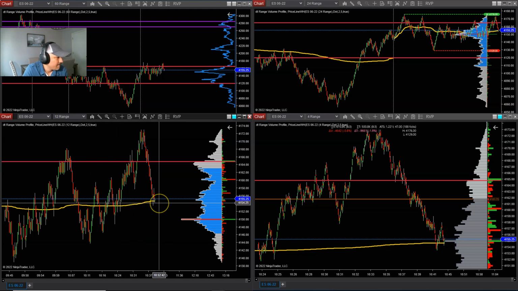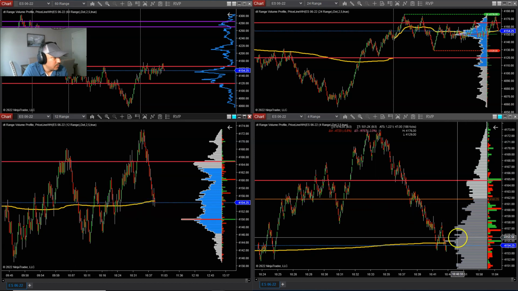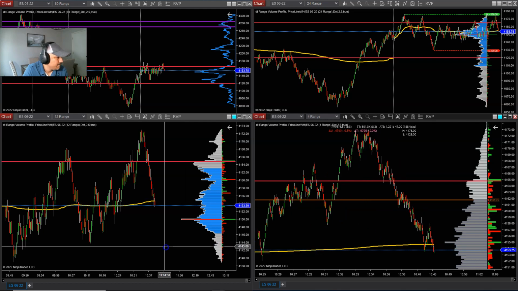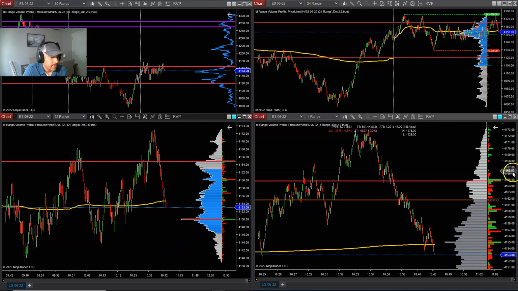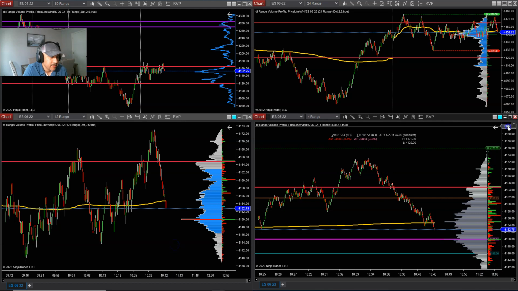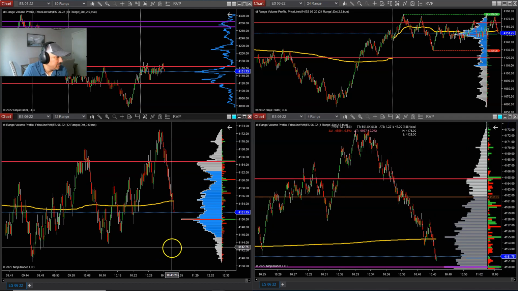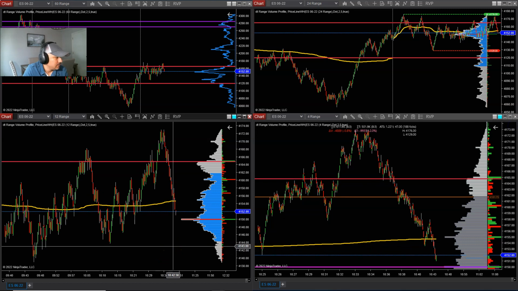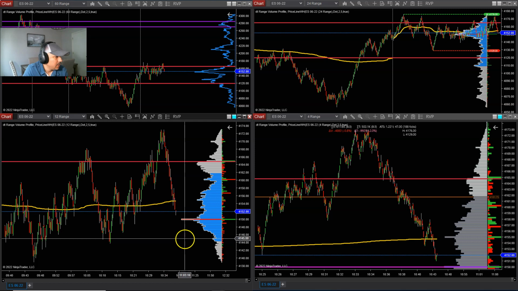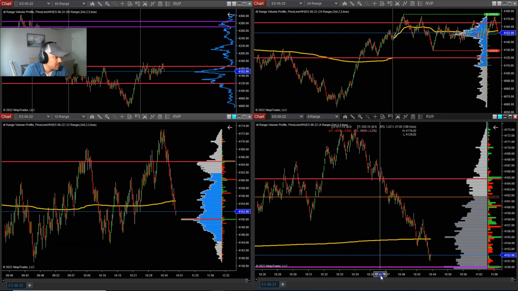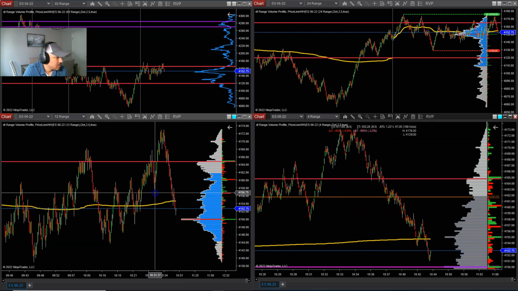Let's see. Price could push lower. I got the VPOC right here, so yeah, there you go. Let's see. Don't like this choppy stuff. And that's exactly what the market's doing today. It's just chopping. So be careful.